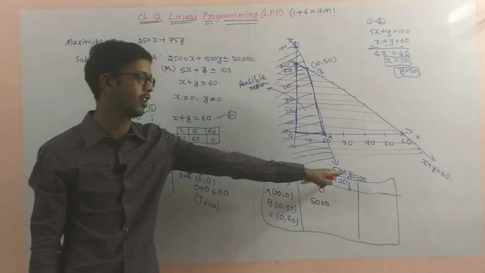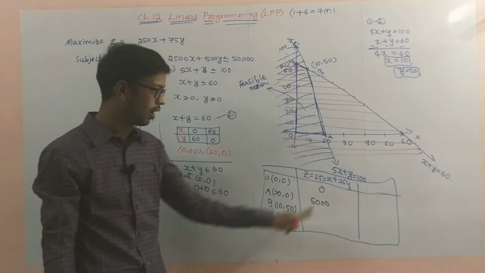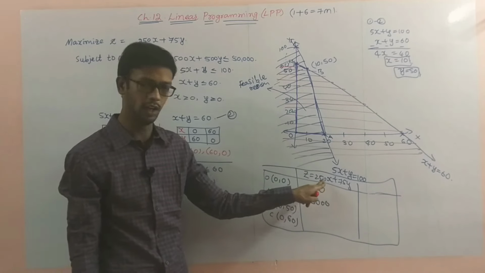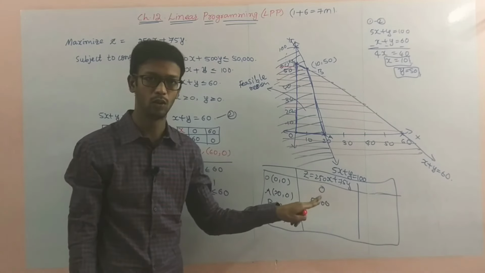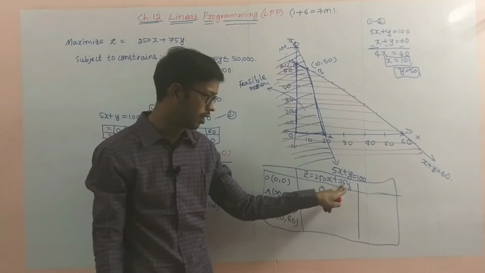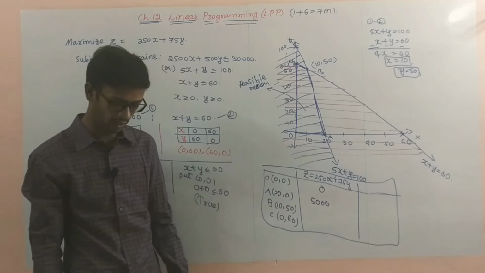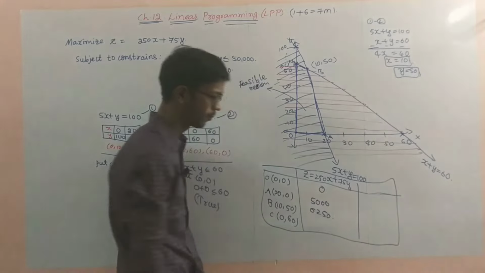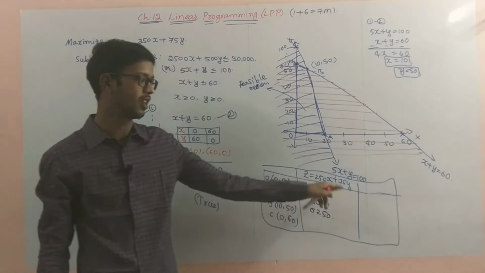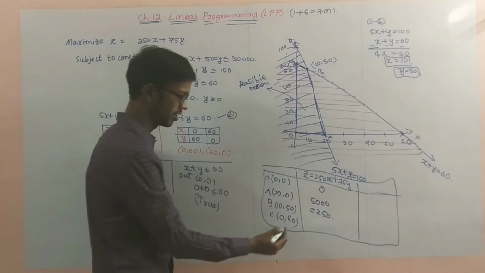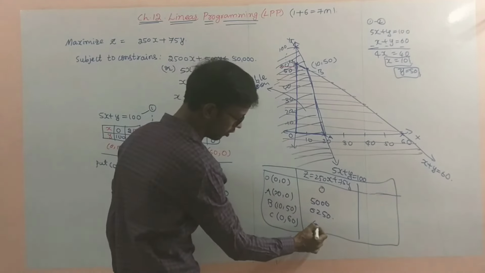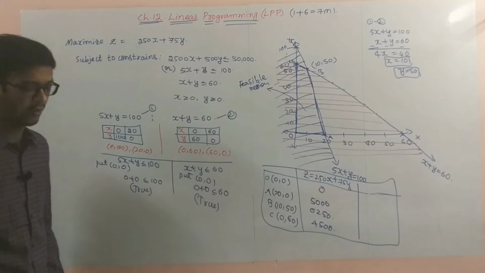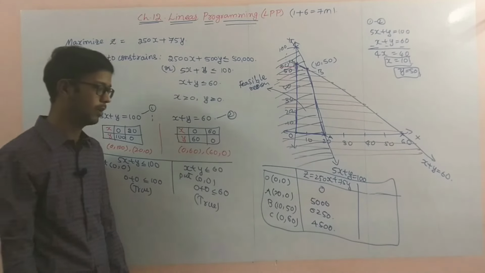If you are substituting 10 comma 50 there, 250 into 10 is 2500 plus 75 into 50. Total it will become 6250. Next, if you are substituting 0 comma 60, here you will get 4500. So what is the maximum here?